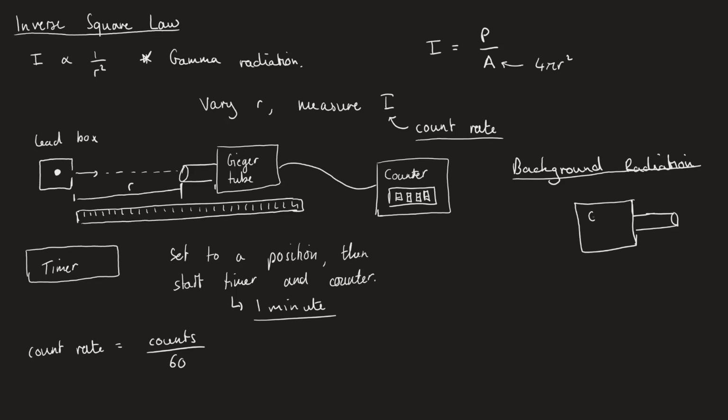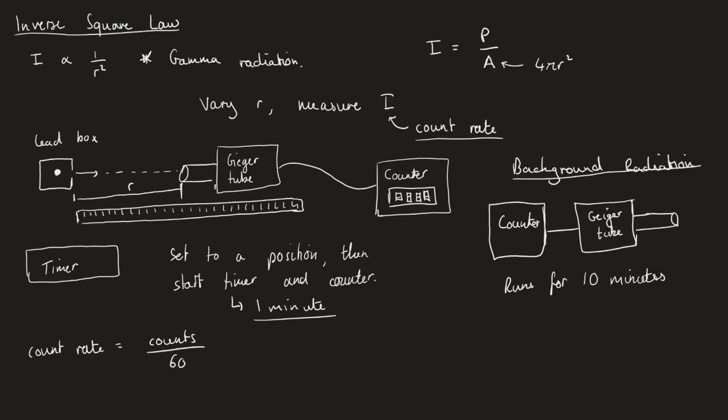So I have some other Geiger tube connected to another counter, and I am going to leave this running in the background for 10 minutes, and all this is going to do is measure the amount of radiation due to the background radiation.